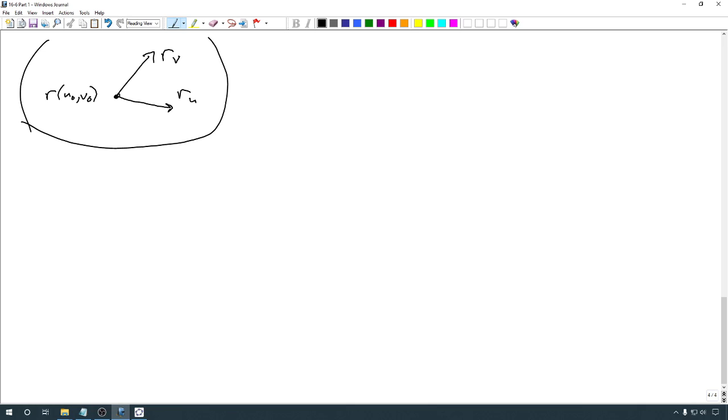So we're only going to be working with surfaces that don't do this, and we're going to call such a surface smooth. So r_u and r_v are not parallel.